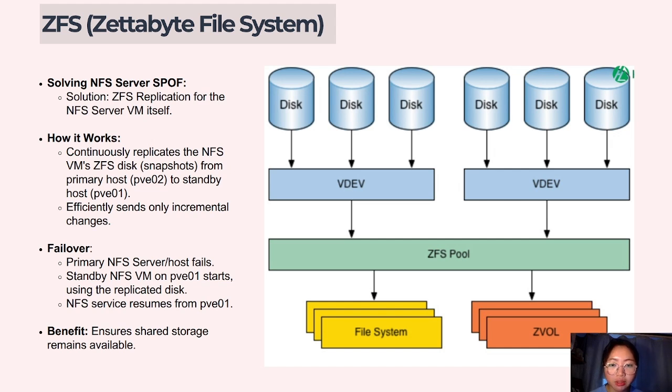The NFS service then resumes, now being served from PVE1. As we can see, the clear benefit is that our shared storage remains available even if the original host of the NFS server fails, enabling true high availability for all other VMs that rely on this NFS.